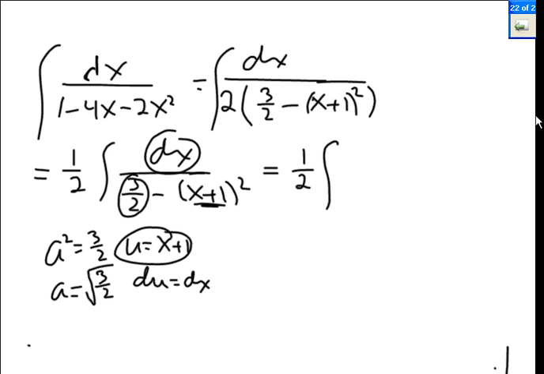In the bottom, we have a squared minus u squared. And this is going to fit into one of our formulas exactly.